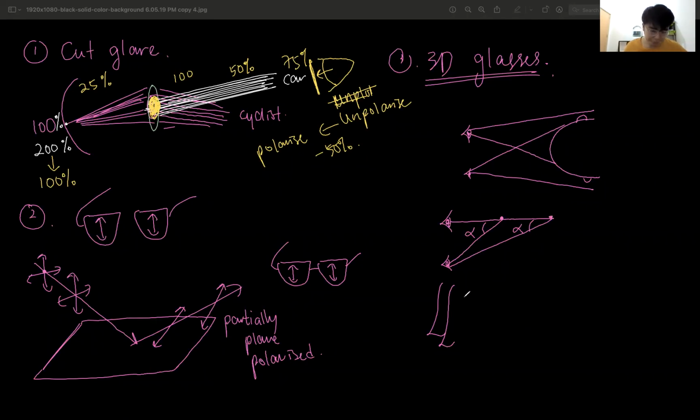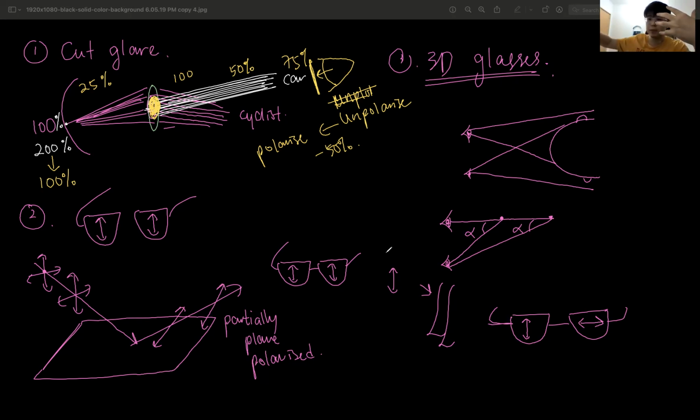Like two pictures. And the whole idea of 3D is because of the glasses. You have glasses like this. One lens is vertically polarized, and the other is horizontal. And you got two pictures, right? One picture, they project with vertical polarized light.